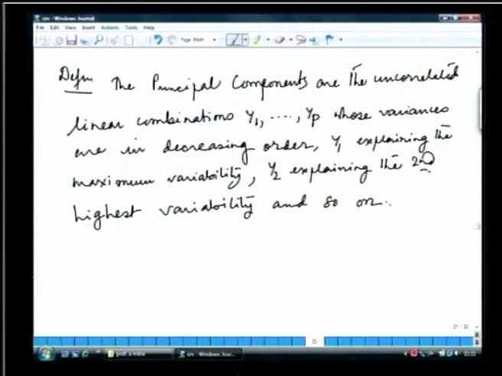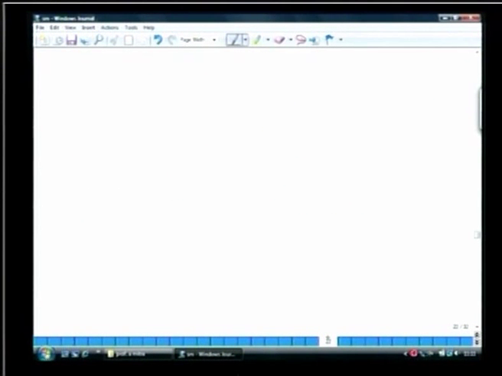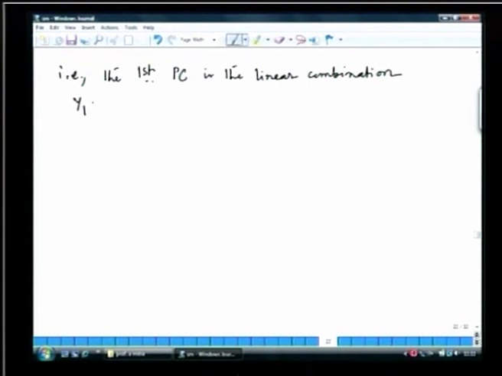Okay. So, let us now try to sum up the situation. The first principal component, the first PC, is the linear combination. We are using the notation y's for the principal components. So, the first principal component is the linear combination y1, which is L1 prime x. This L1 is essentially a p-dimensional known vector, so that y1 is known.